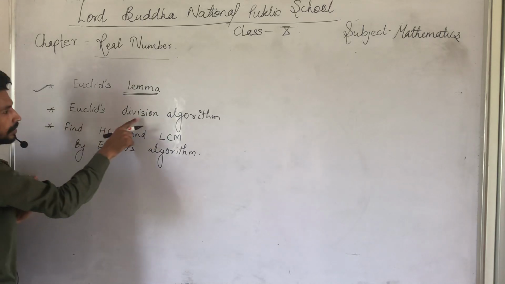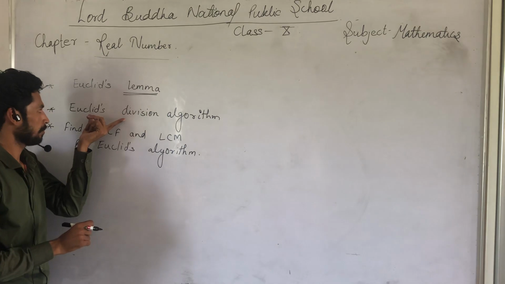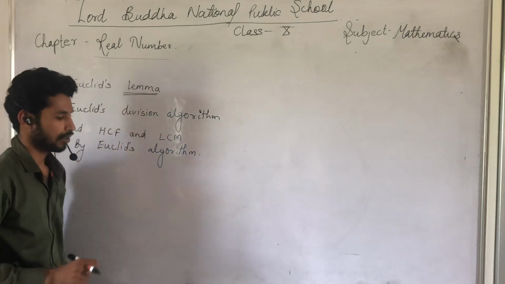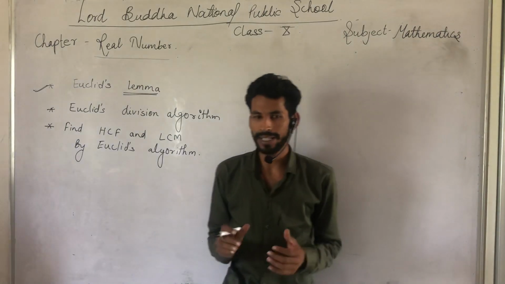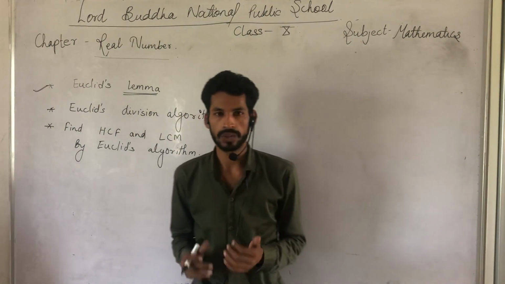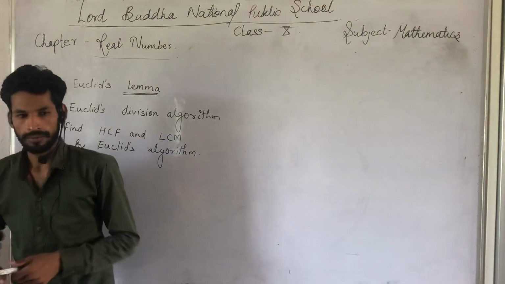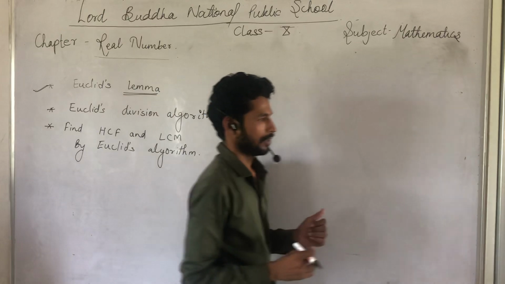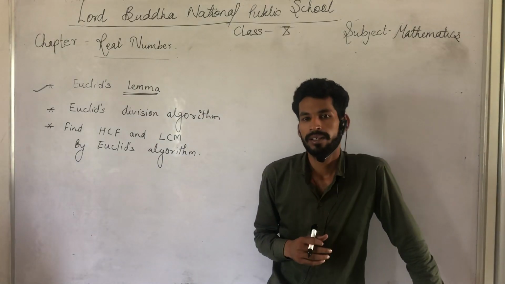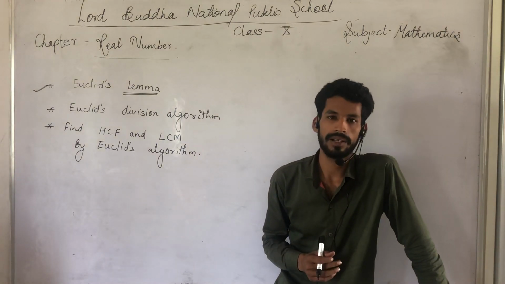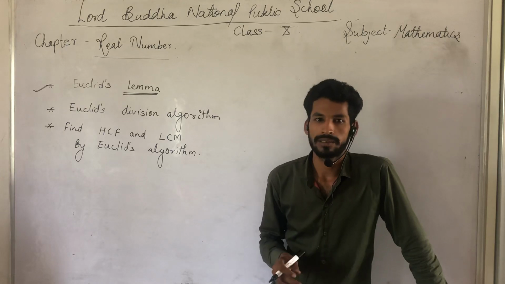Second is Euclid's division algorithm. What do we mean by Euclid's division algorithm? Actually, an algorithm is a set of well-defined steps to solve a particular type of problem. Like we want to solve questions based on real numbers, where two real numbers are given and you have to find the HCF and LCM of these numbers.